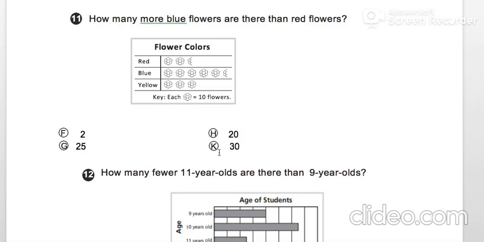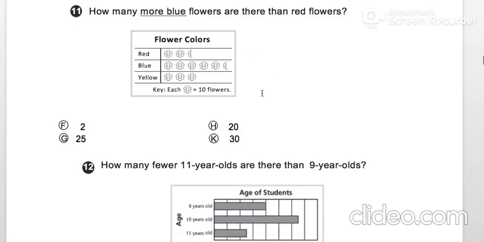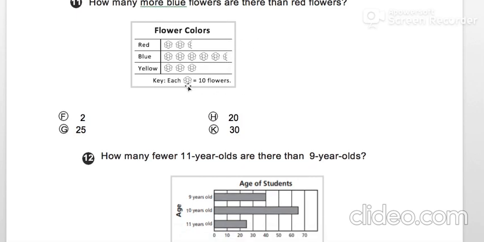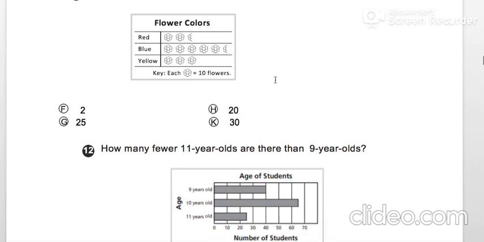You figure out what you need to do to get your answer. Remember, hint for this one, each flower symbol represents 10 flowers. And notice there's a half flower here, so think about what that represents if one whole flower equals 10.